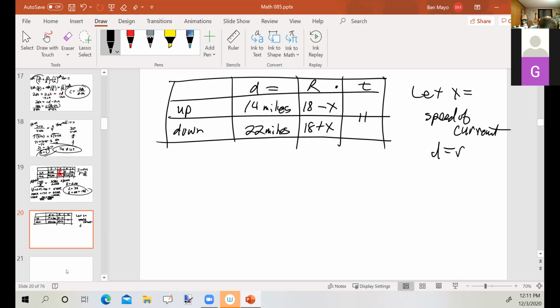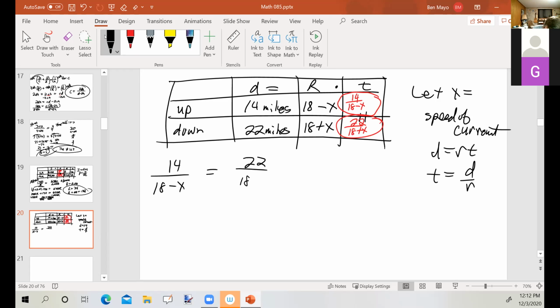Now, D equals RT, so T equals D divided by R. So this is going to be 14 divided by the quantity 18 minus x, and this is going to be 22 divided by the quantity 18 plus x. Since the times are equal, we get this equation: 14 over 18 minus x equals 22 over 18 plus x.